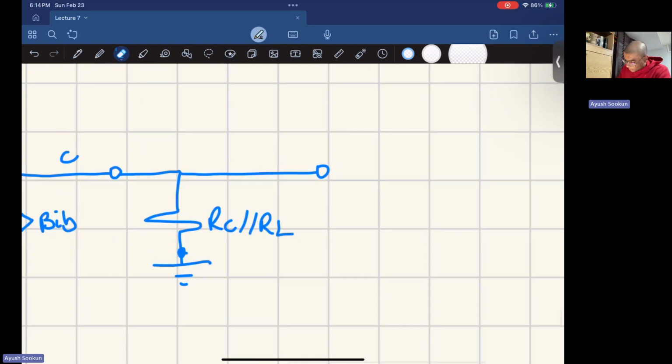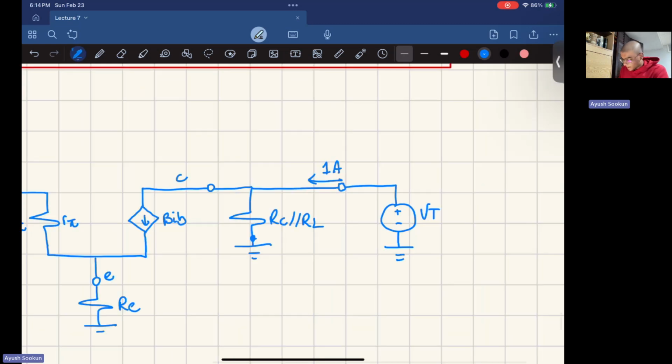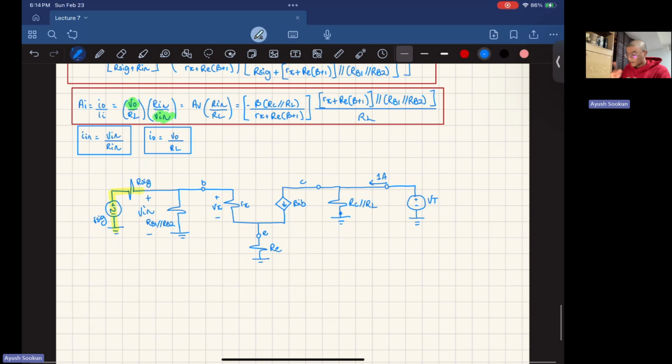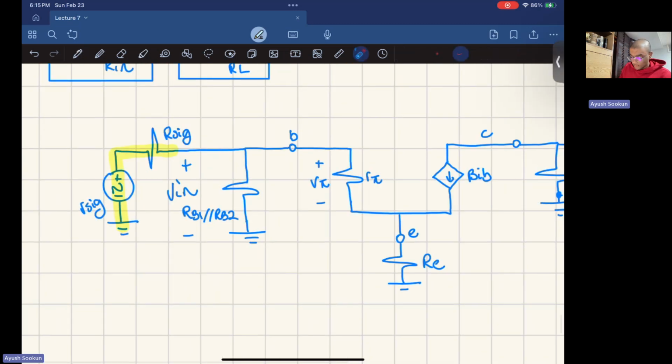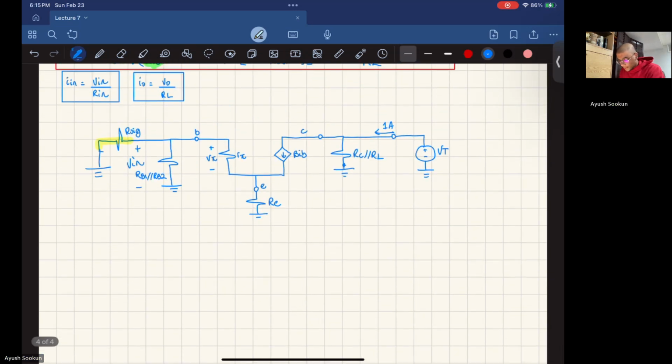So boom, at the output here, V, an ugly circle, V plus minus, and this is 1 ampere current flowing into the circuit. And now remember, when you're doing Thevenin, you disable all of the independent sources. So this one, even though it's AC, it's still an independent source, so you're going to disable it. So it's going to be connected straight to ground.